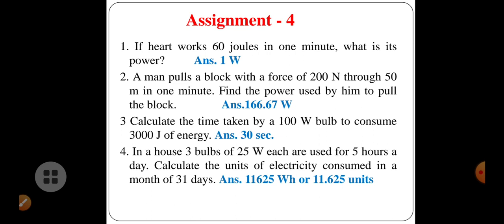The answer we get is in watt hour. Why have I written watt hour here? Because power is given in watt and time is given in hour. If we have to convert it into kilowatt hour, we will divide it by 1000, and we shall get the answer in units.